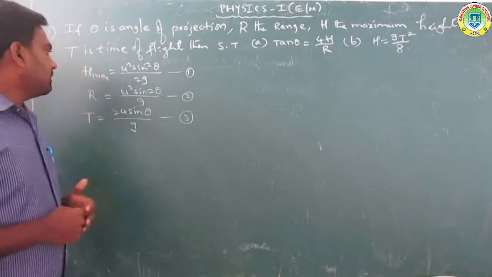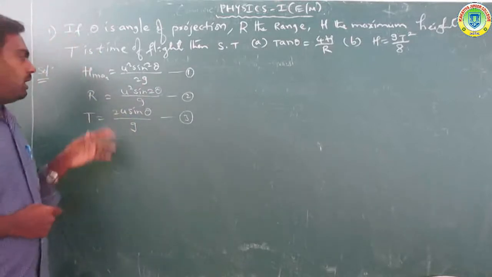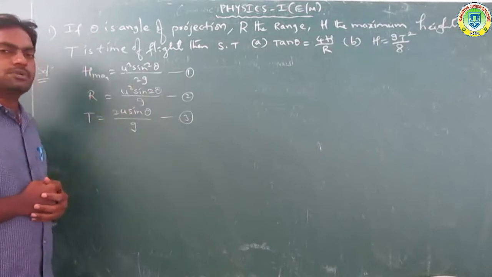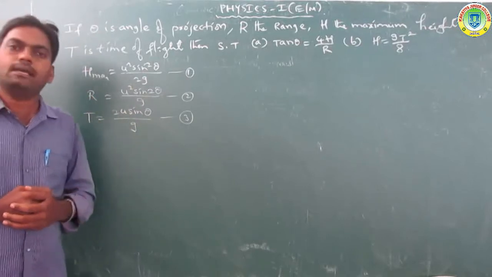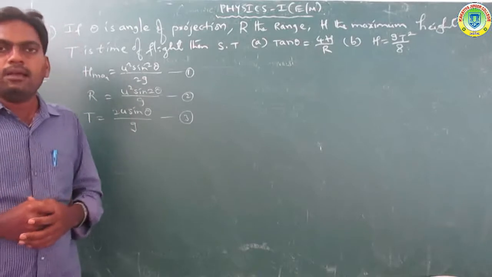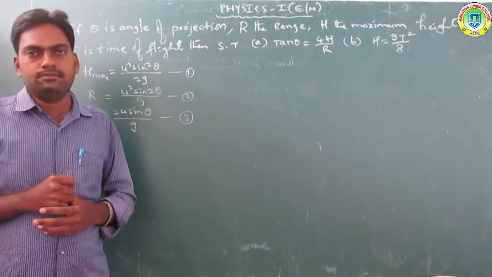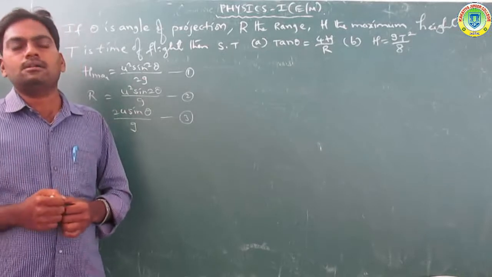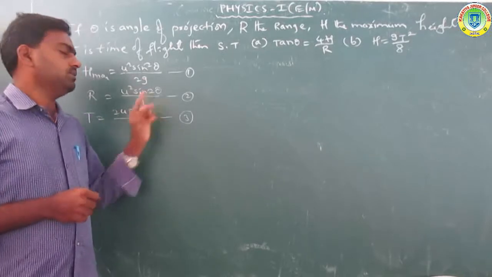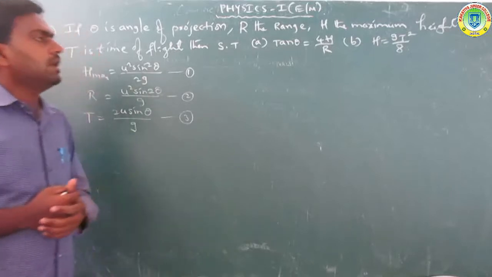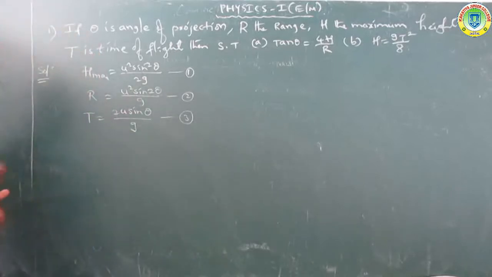To find the range, we already know the equation: R is equal to u square sin 2 theta by g, where sin 2 theta is equal to 2 sin theta cos theta. Okay, clear that.